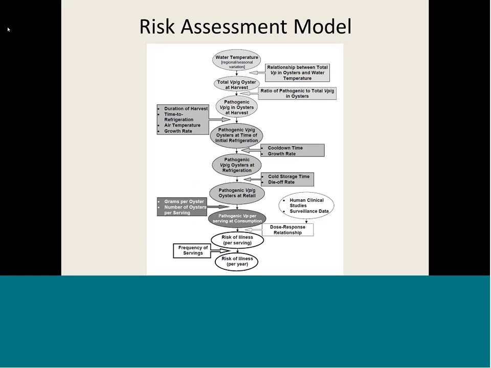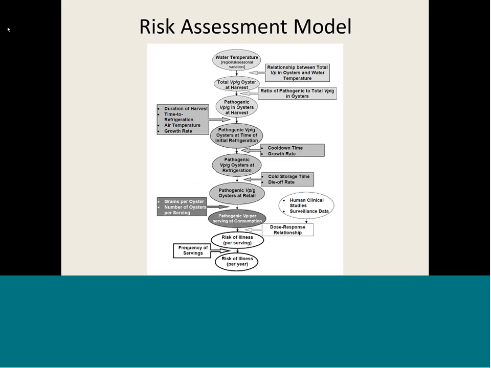Very briefly, here is a schematic, a conceptual model of the risk assessment. This conceptual model is a little bit different from the assessment we're actually going to see, so we're not going to look at the details. I'll just ask you to look at the ovals that run down the center of the model here. Our model, as you're going to see in just a second, begins with water temperature.